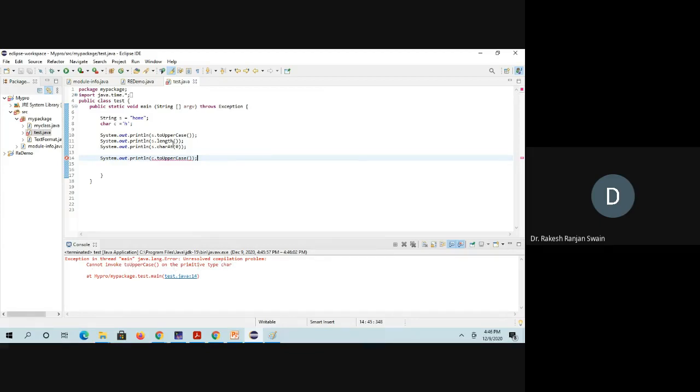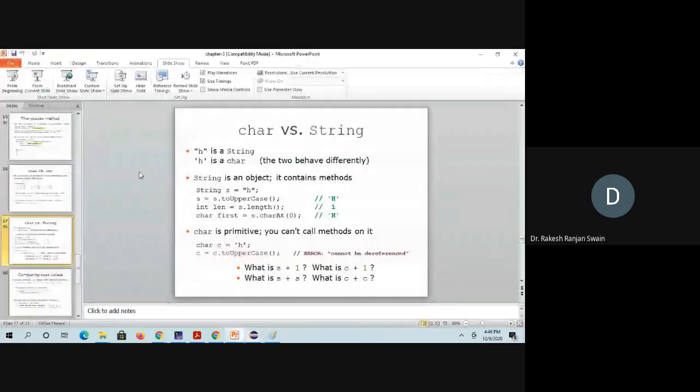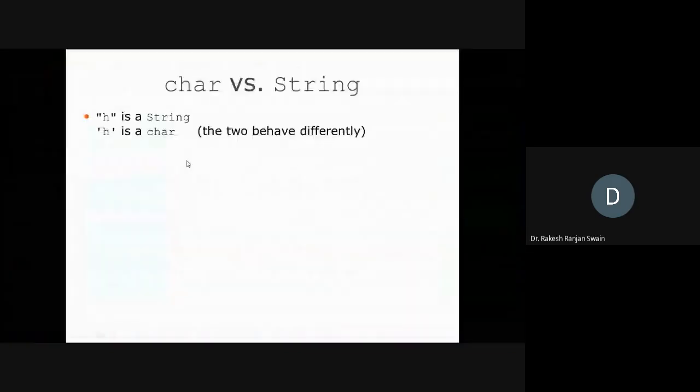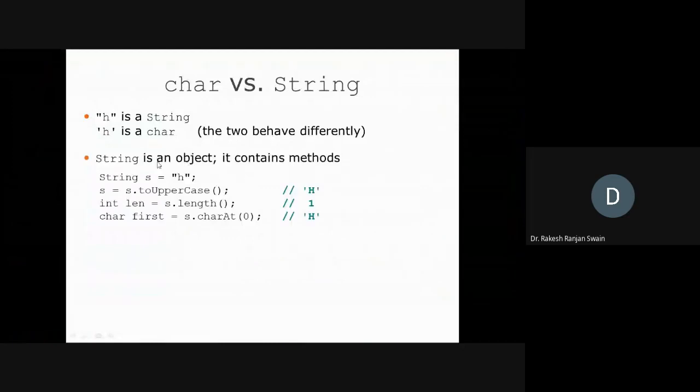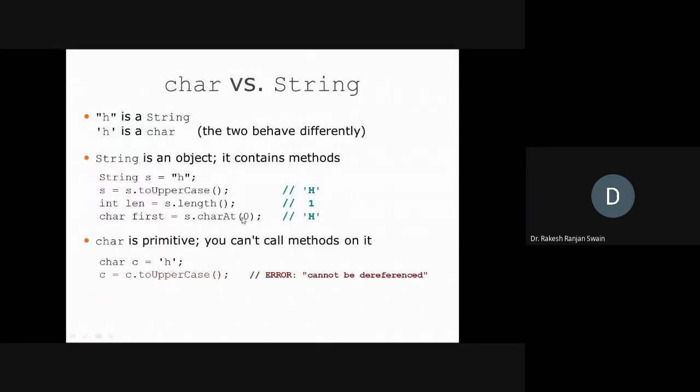That means these methods are not for the character. This is a primitive type. These methods are only for the string. String we can use with toUpperCase, length and charAt, but for the primitive type, it will give an error because this is not a string.